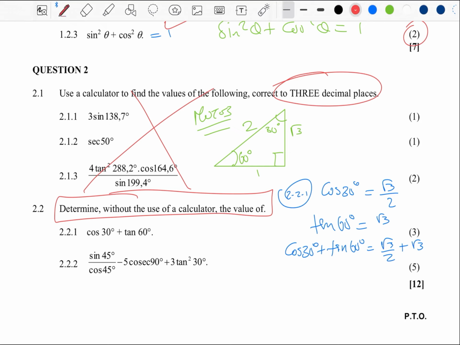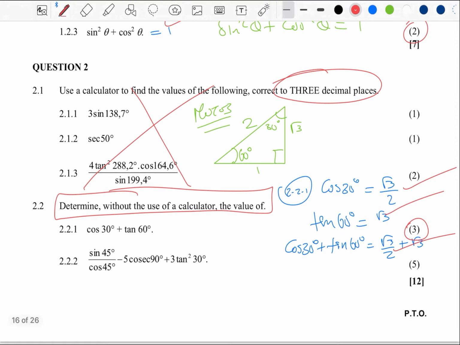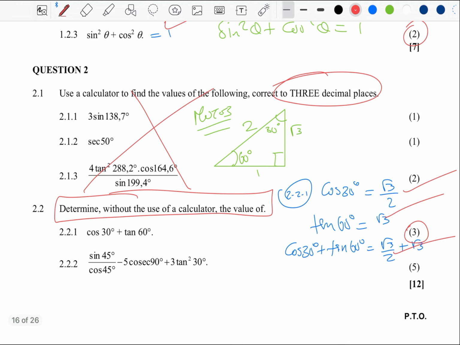So this is how you get your 3 marks: a mark from here, a mark from there, and a mark for this answer. If you did simplify it further, please type the answer in the comments.